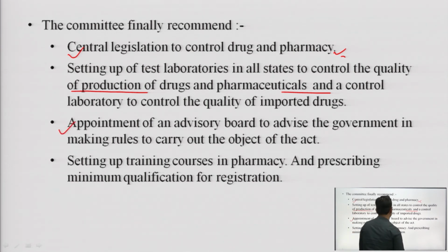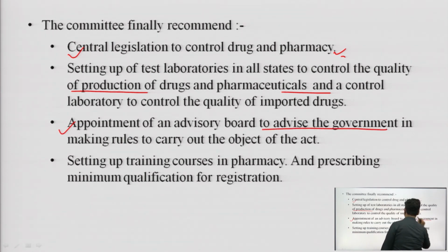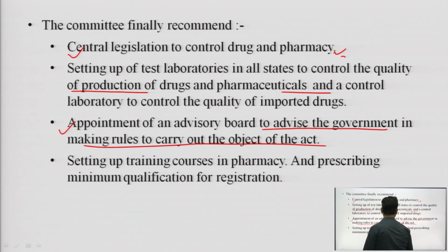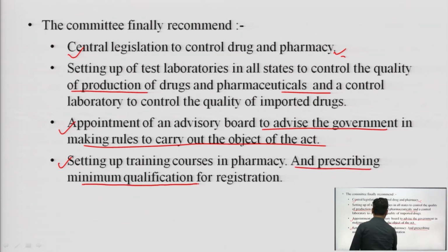Appointment of an advisory board is required to advise the government in making rules to carry out the object of the act. There was also setting of training courses, it was recommended by this committee in pharmacy, and prescribing minimum qualification for registration.